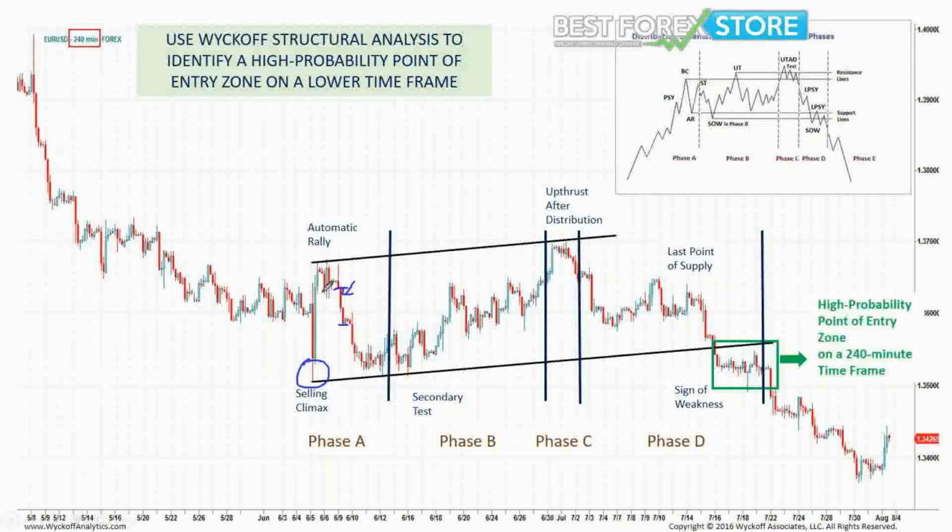But we know that if this is a climactic action, and this definitely acts as a change of character, automatic rally, then at some point we're going to have some kind of reversal. So in effect, we're just waiting for that reversal in some kind of congestion area, right? So here is the congestion, and here we would be looking for the signs of the reversal or the signs of inability to commit to the upside. So here's your inability to commit to the upside.